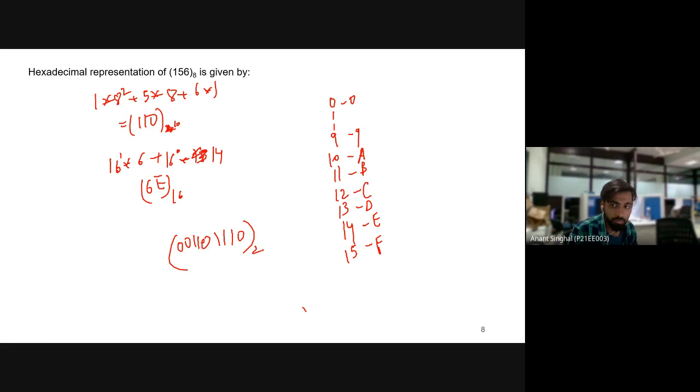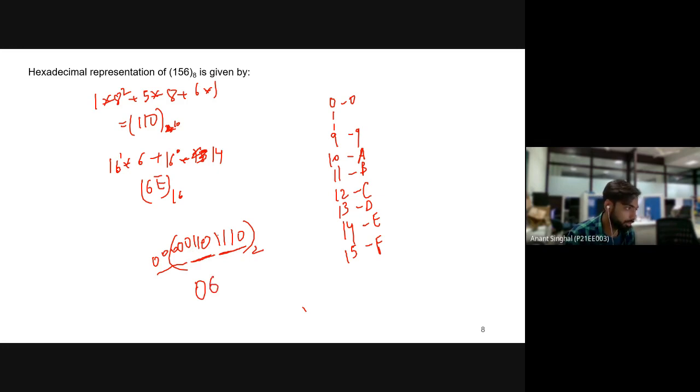So these are the three-bit groups. If I convert it to hexadecimal, I need to take four bits because 15 is nothing but 1111. So I should group from the LSB. One group will be this, one group will be this, and then the rest will be zero. We can add as many extra zeros as we want. So the first binary number is 0110, which is nothing but 6.